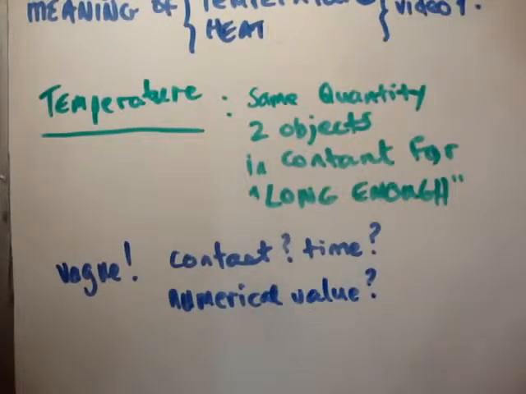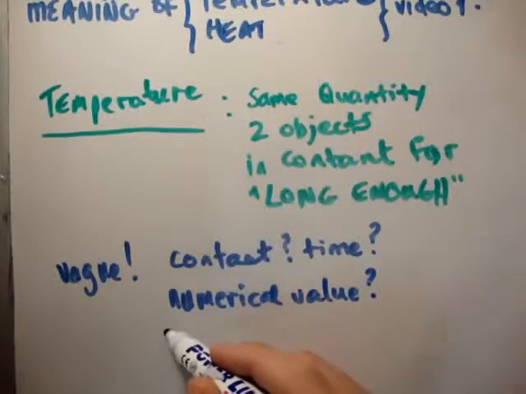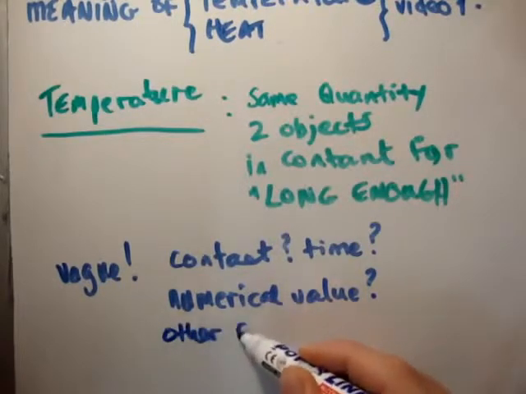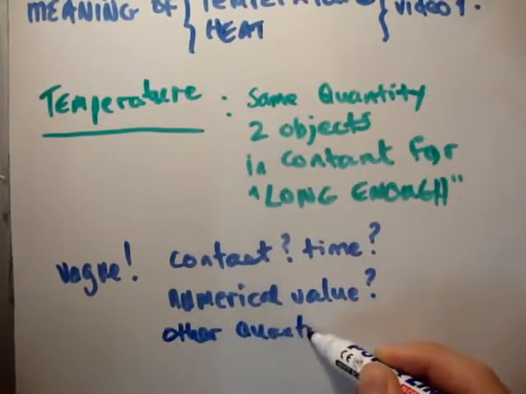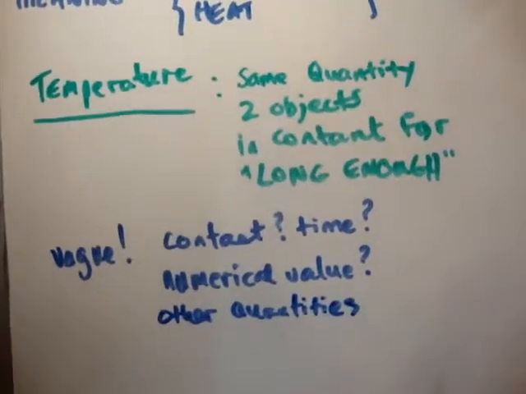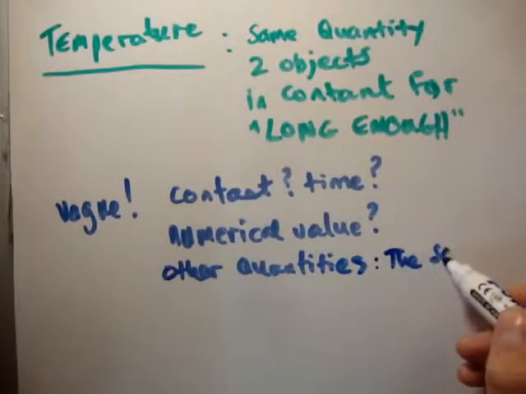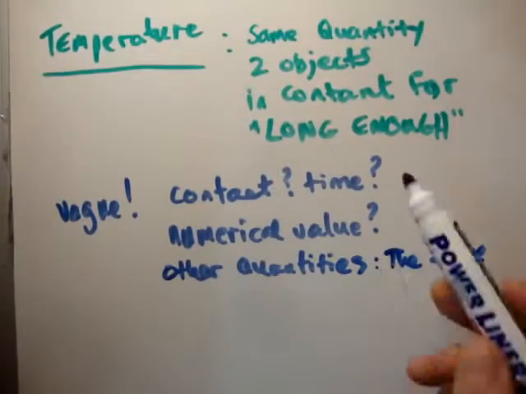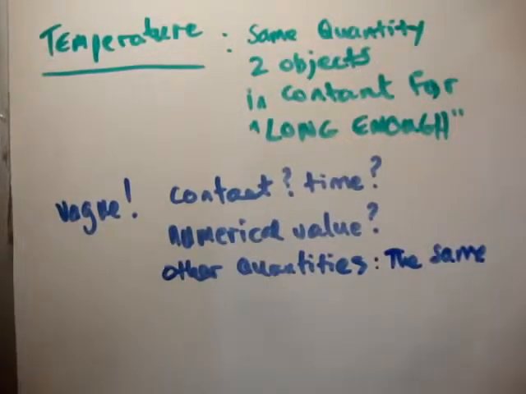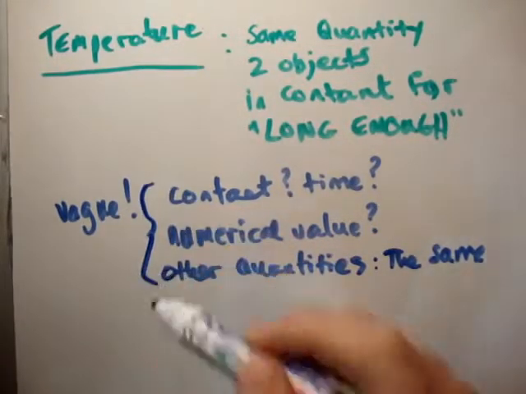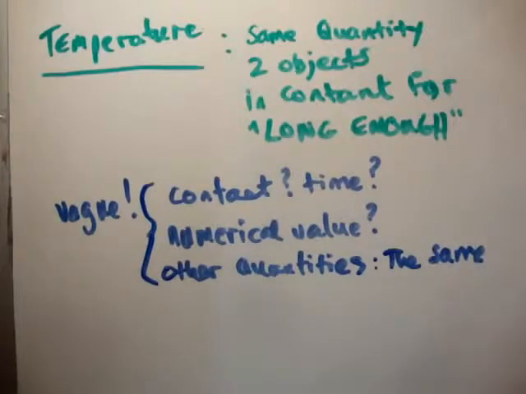Anything else we can think of? Well, there are other quantities which will also turn out to be the same when two objects have been in contact for what we say is long enough. So we can see that this is a pretty vague description of what temperature is.